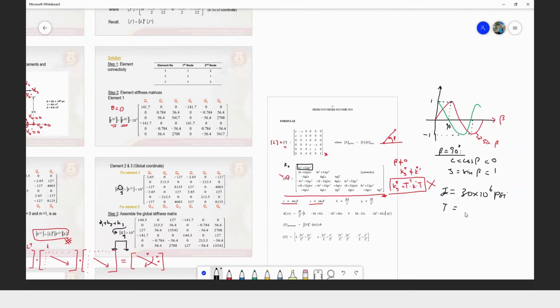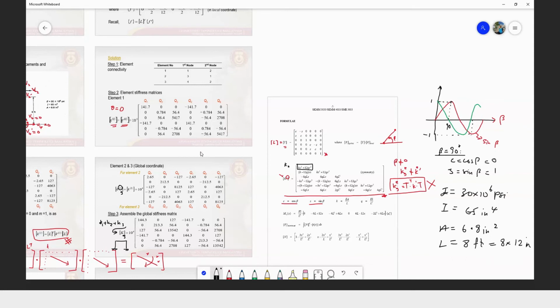I given 65 inch, and then we have area which is 6.8 inch square. So once you have this, and then you know the L, which is 8 feet, which is equal to 8 multiplied by 12 in inch.